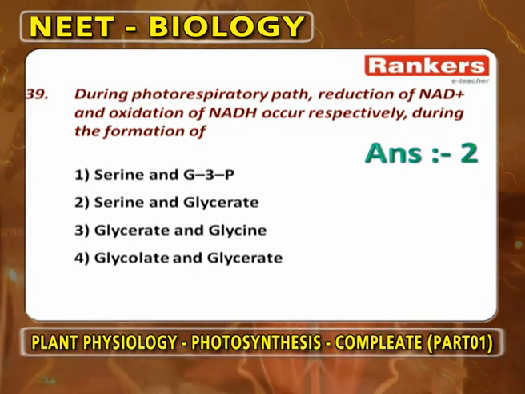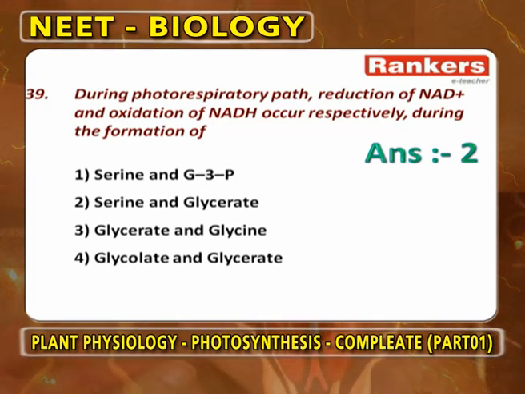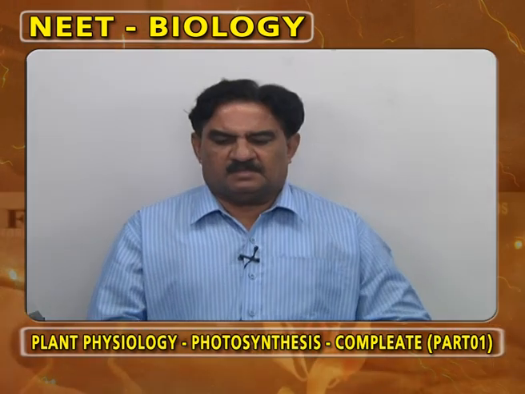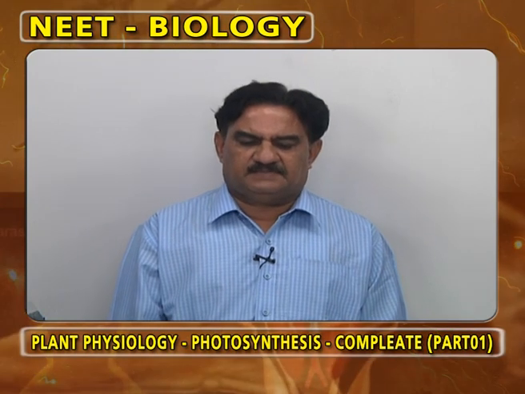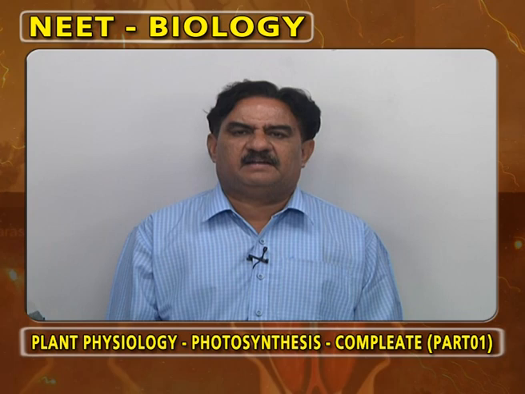During the photorespiratory path, reduction of NAD and oxidation of NADH occur respectively during the formation of: the photorespiratory path occurs in chloroplast, peroxisomes and mitochondria.